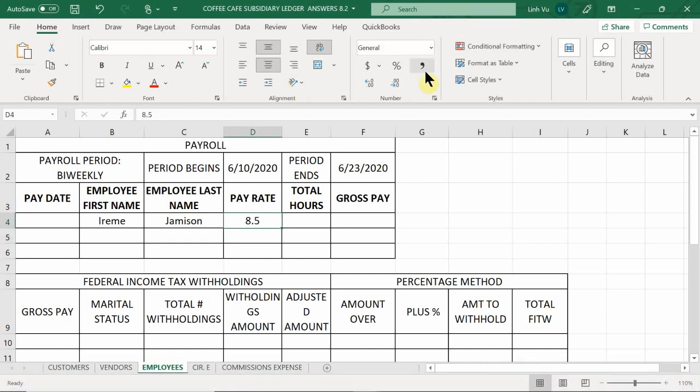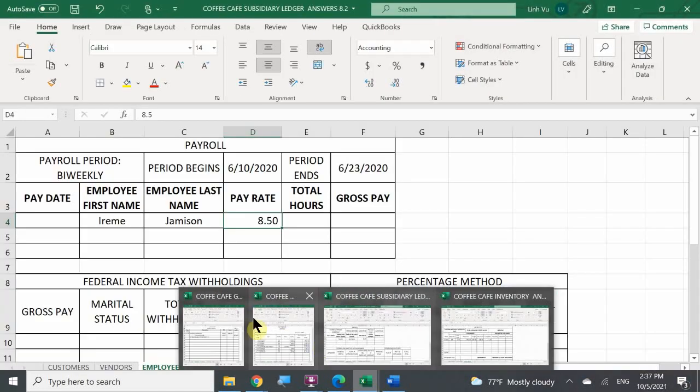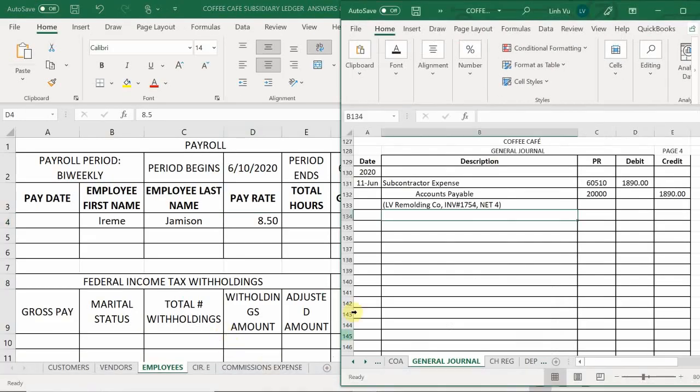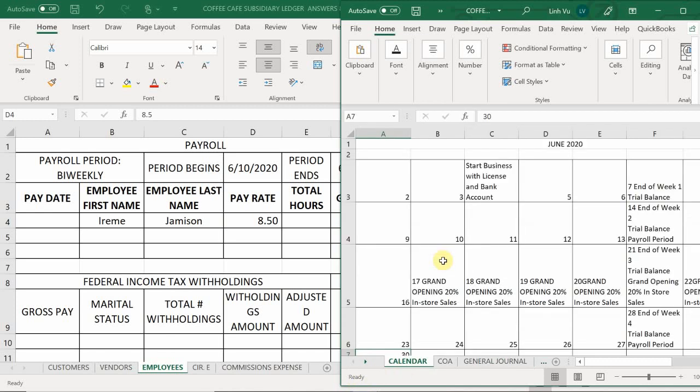Okay, good. So now in this case, when is my actual payroll date? I'm going to go ahead and verify that. If I go into my journal, the very first page I have in my journal is my calendar. This tells me when pay days are.